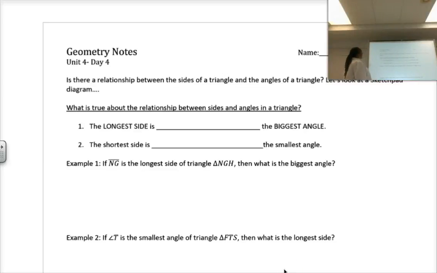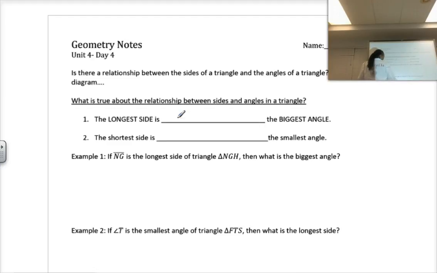Okay, well now we're talking about the relationship between the sides of a triangle and the angles. So when we looked at the sketchpad example, you noticed that the longest side is always opposite the biggest angle, and the shortest side is always going to be opposite the smallest angle.